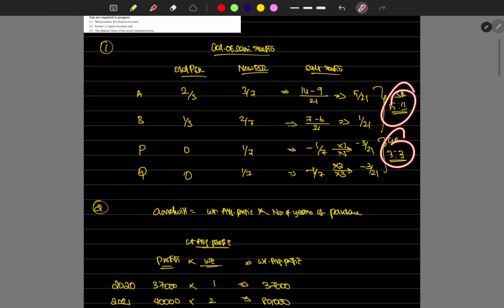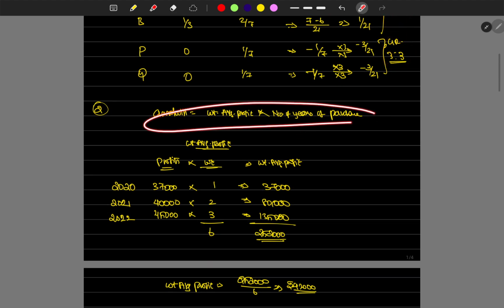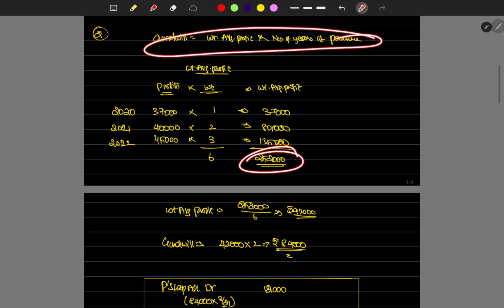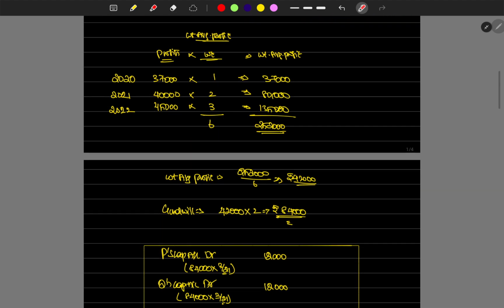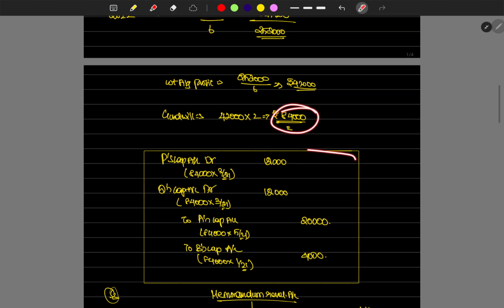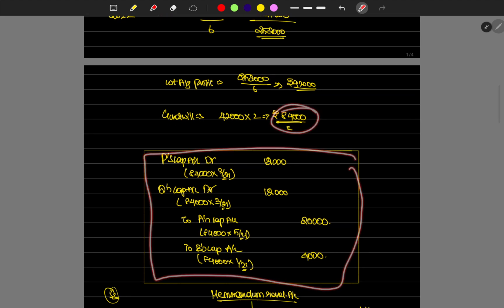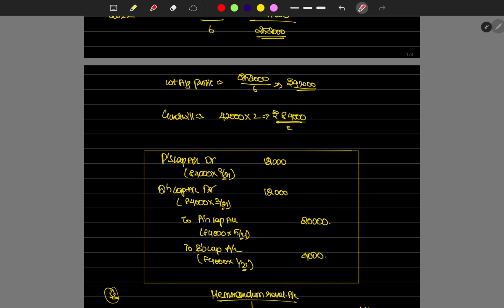We found the sacrificing ratio and gaining ratio, and the goodwill information was given. So we found the goodwill value, which is 84,000, and it has to be transferred to the partners' capital by the existing partners. The shares are 3/21, 5/21, 1/21, and I used 21 because it contains all the partners' goodwill.